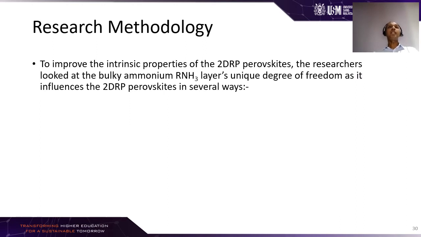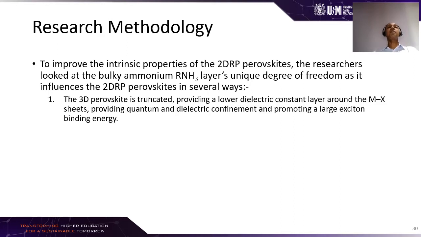To improve the intrinsic properties of the 2DRP perovskites, the researchers looked at the bulky ammonium RNH3 layer's unique degree of freedom as it influences the 2DRP perovskites in several ways. Firstly, the 3D perovskite is truncated, providing a lower dielectric constant layer around the MX sheets, providing quantum and dielectric confinement and promoting a large exciton binding energy.